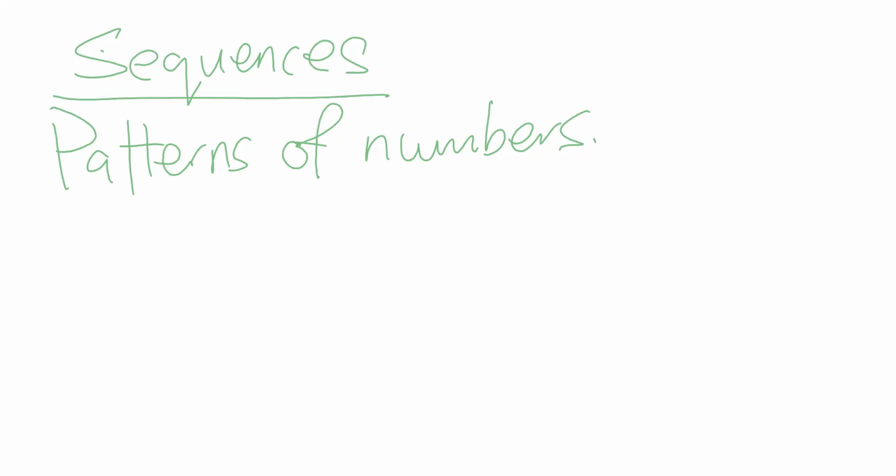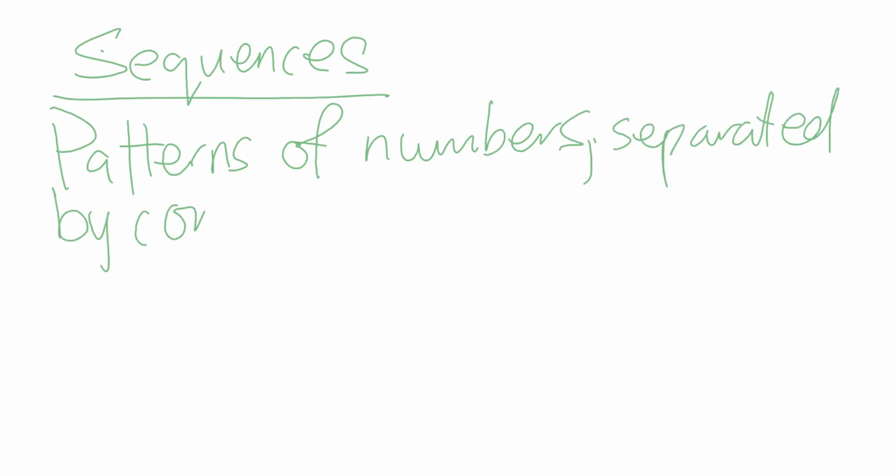So sequence of numbers, right? A sequence of numbers is patterns of numbers separated by commas that follows a mathematical rule.